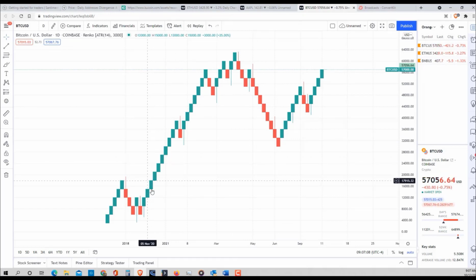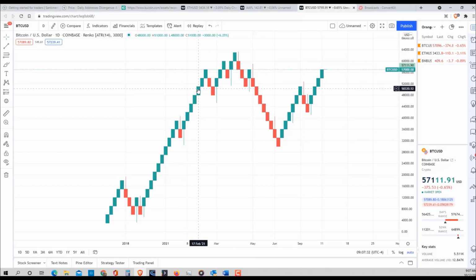So the premise of Renko charts is that instead of calculating time, like every day being 1 day, or if it's a 5-minute chart, every bar is 5 minutes, this is based on how many points the Bitcoin has moved.